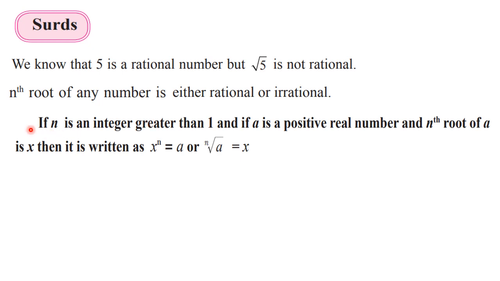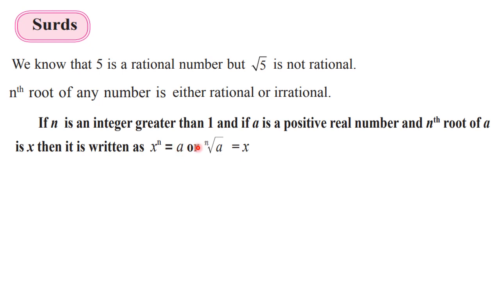So if n is an integer greater than 1, and if a is a positive real number and nth root of a is x, then it can be written as x raised to n is equal to a.